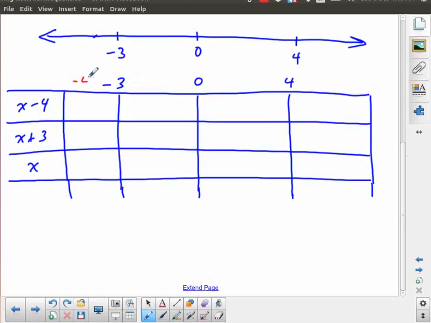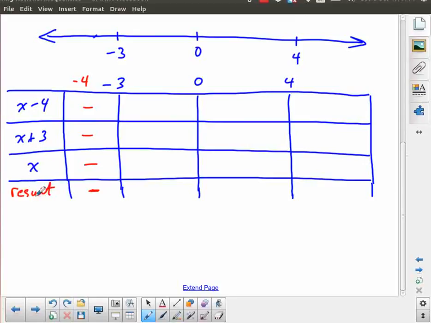So let's once again put a -4 in there. -4 minus 4 is a negative. -4 plus 3 is also negative. And -4 replaced for x is a negative. So these are either multiplied or divided in some way. The way we combine those is negative times negative is a positive, times a negative gives me a negative as my result. So that's what we're looking for here.